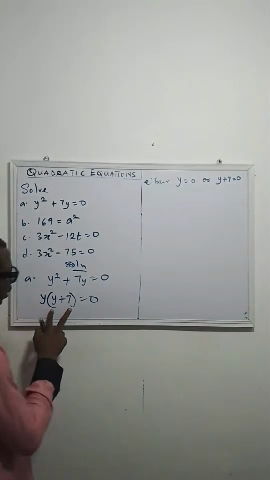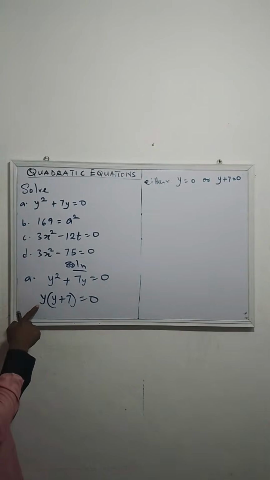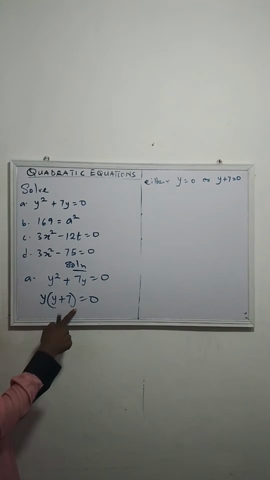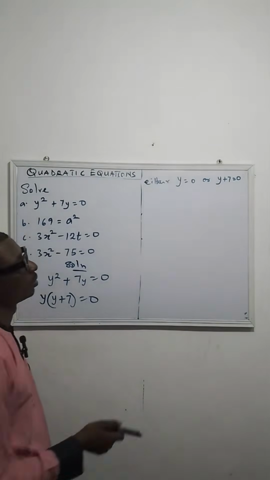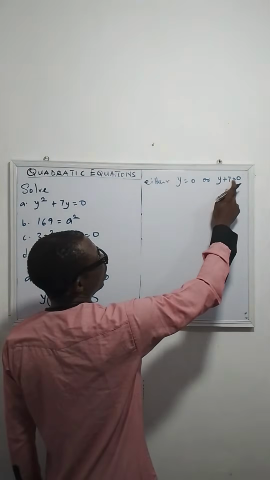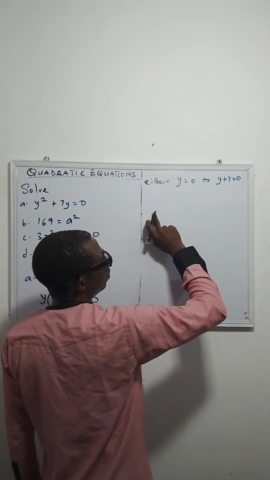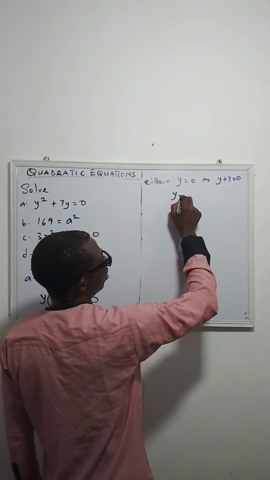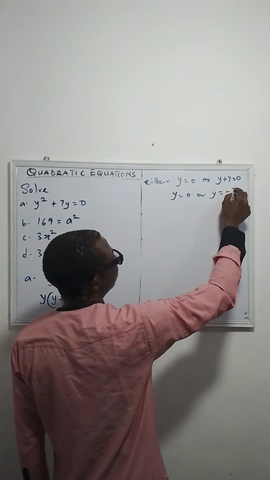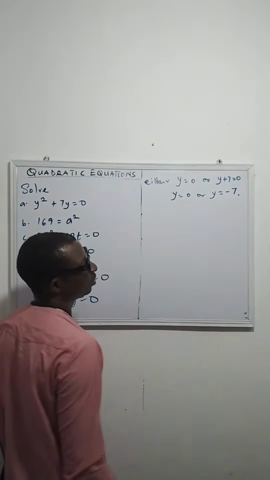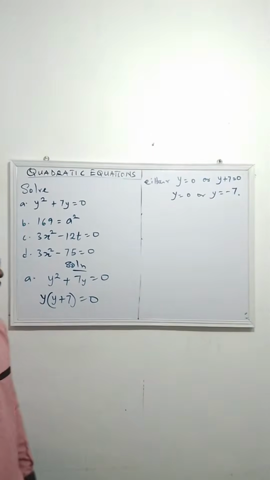Since these two are multiplying each other to give 0, the first one is 0 or the second one is 0. So we can subtract 7 from both sides here. So we have y equals 0 or y equals negative 7. And that is going to be the answer to the problem. Can you see that? All right.